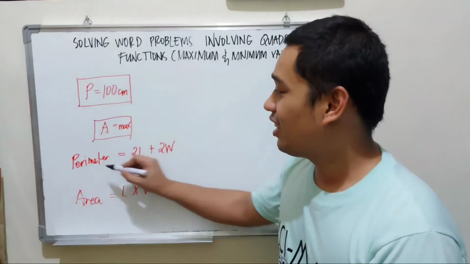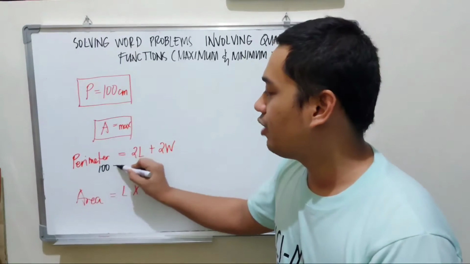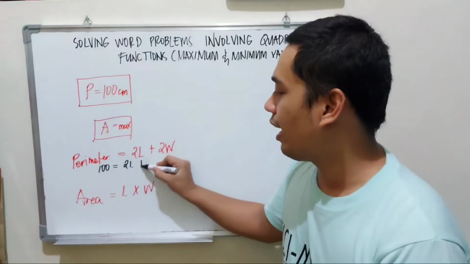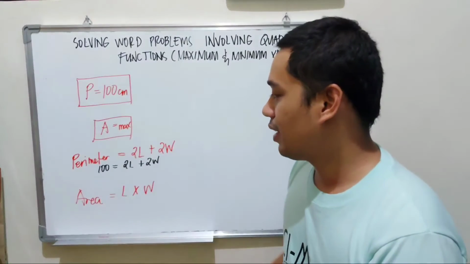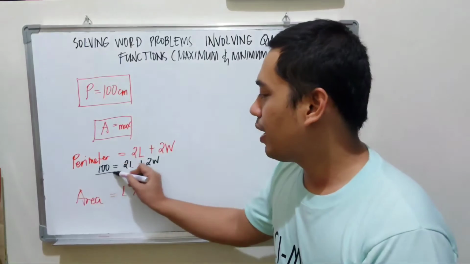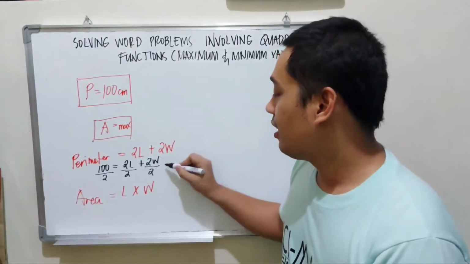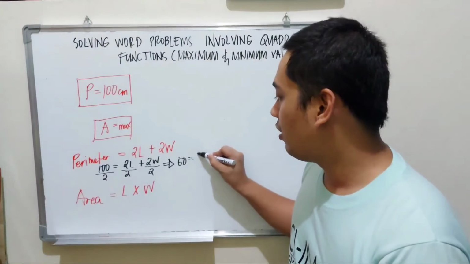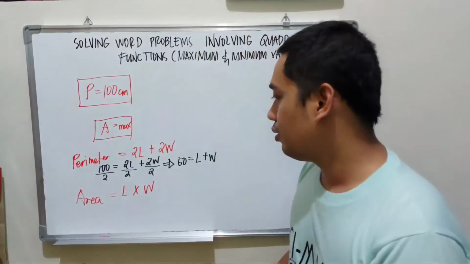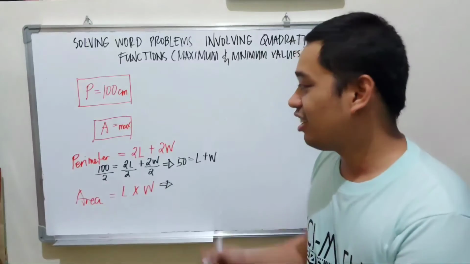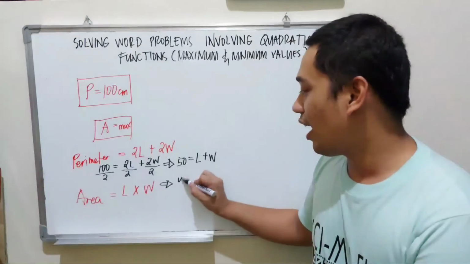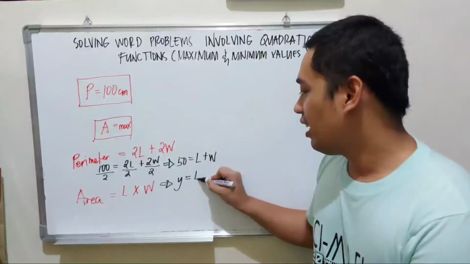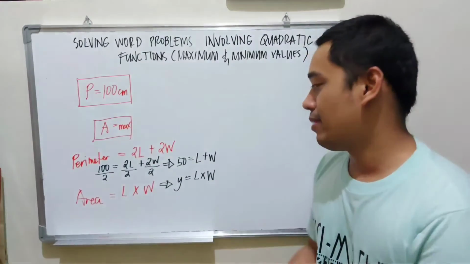So it says there that in our perimeter, we have 100 cm is equal to 2L plus 2 width. Di ba? And we can divide it by 2 to simplify para magkaroon tayo ng 50 is equal to L plus W.